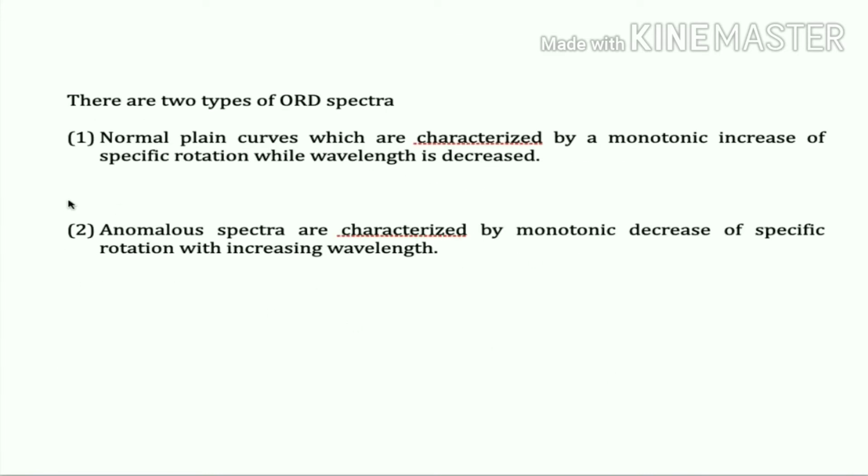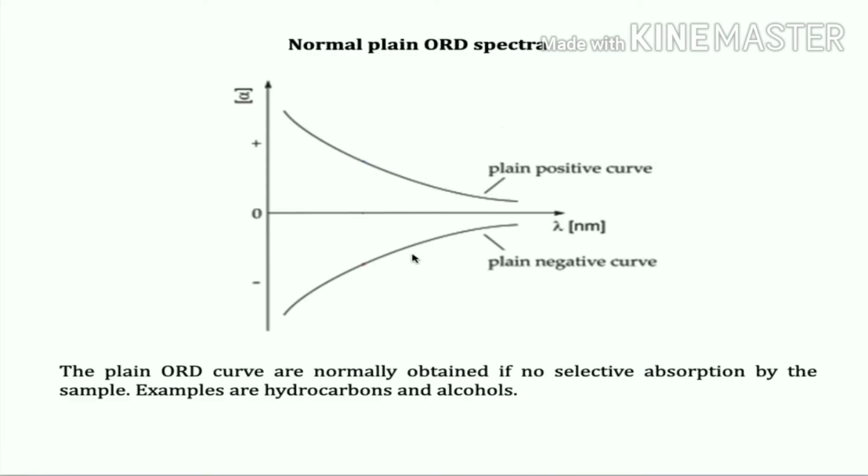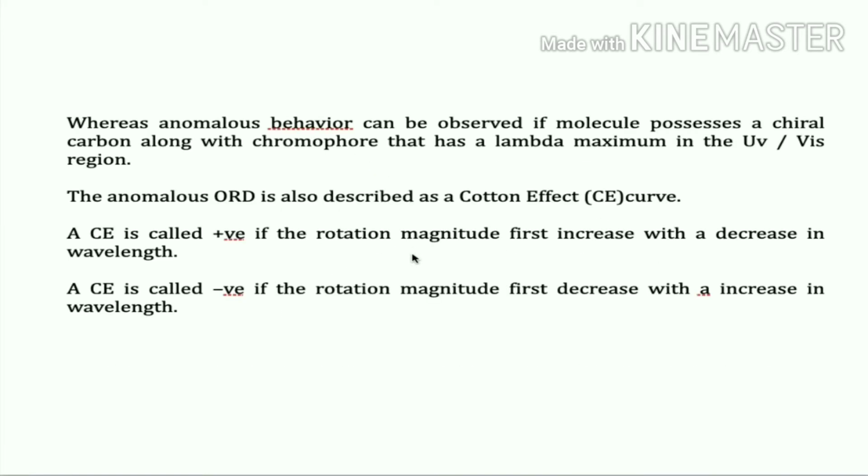And there is one more ORD spectrum, that is the anomalous spectrum, which is characterized by a monotonic decrease of specific rotation with increasing wavelength. So what is that anomalous, if you come to anomalous behavior, one more concept will be studied. So that is the Cotton effect.